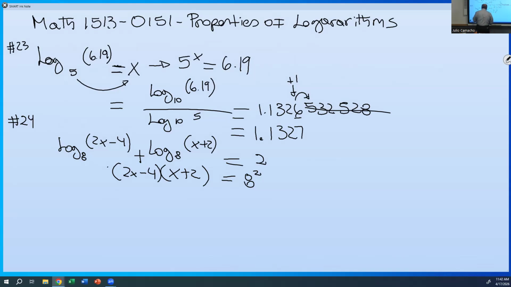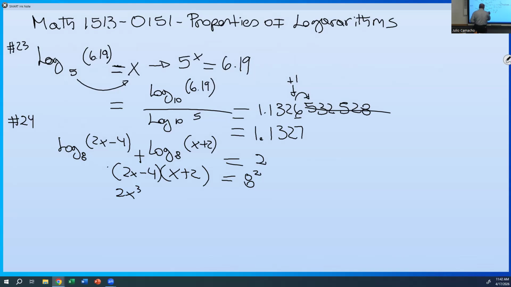We went from a logarithmic equation to a polynomial expression. If we follow this together, we're going to start multiplying. 2x times x, you have 2x squared.